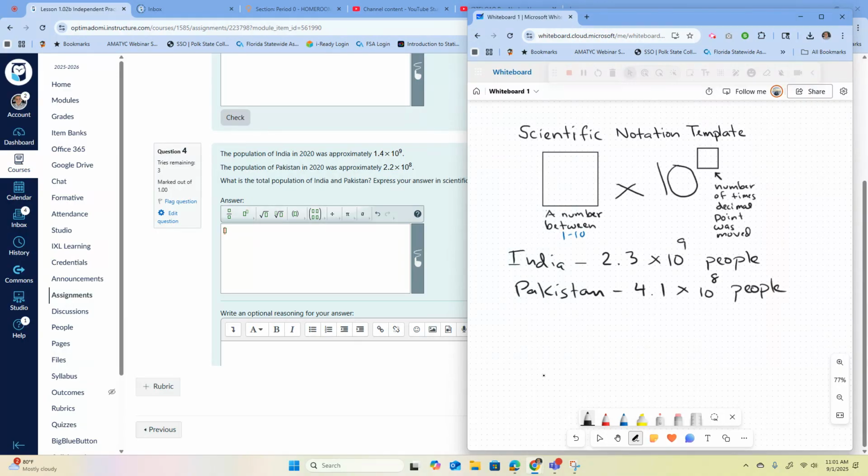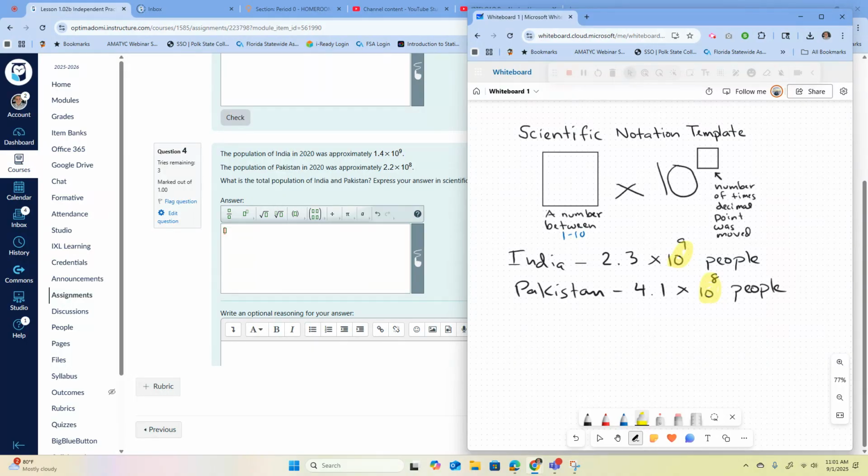Now, to add or subtract numbers in scientific notation, we need to make sure that the powers of 10 have the same exponent. However, they don't have the same exponent. For India, the power of 10 has exponent 9. For Pakistan, the exponent is 8.